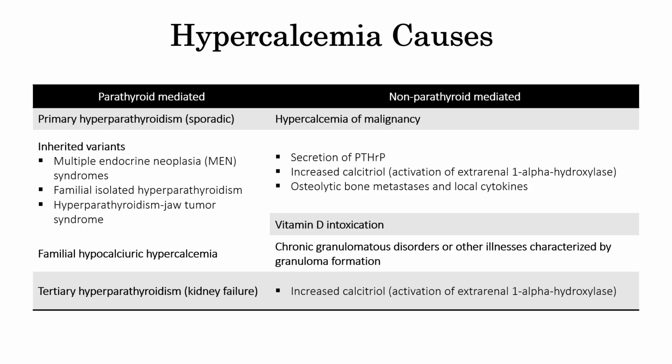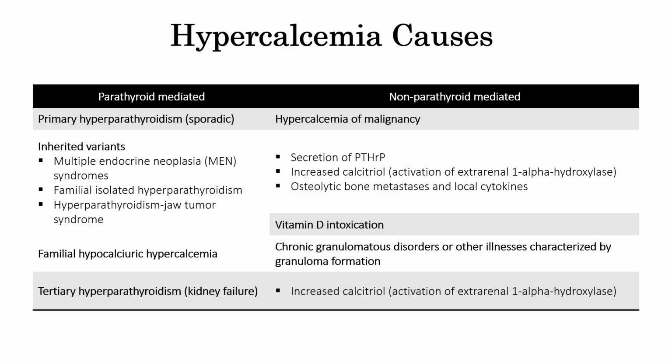Regarding the causes of hypercalcemia, it may be parathyroid mediated, either primary hyperparathyroidism, sporadic or inherited, or due to familial hypocalciuric hypercalcemia, or even tertiary hyperparathyroidism in kidney failure.